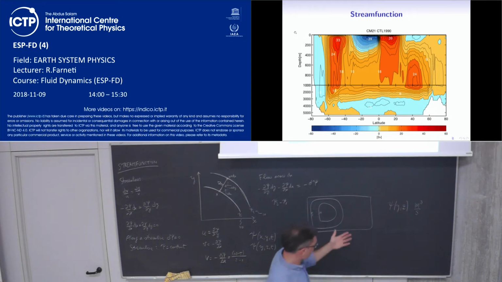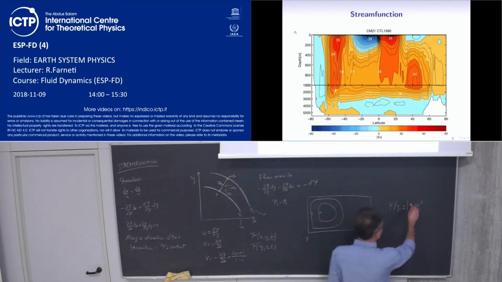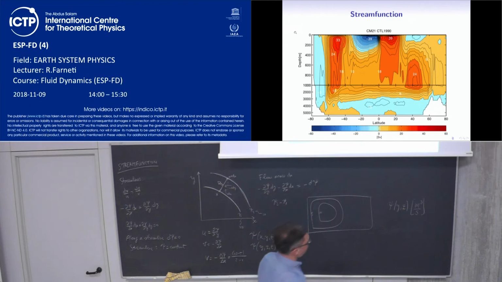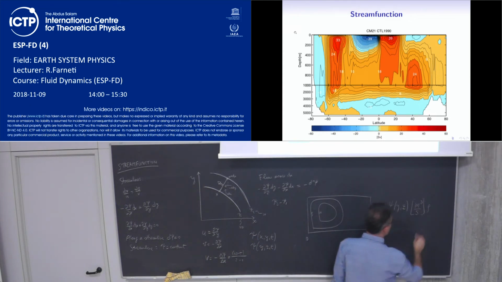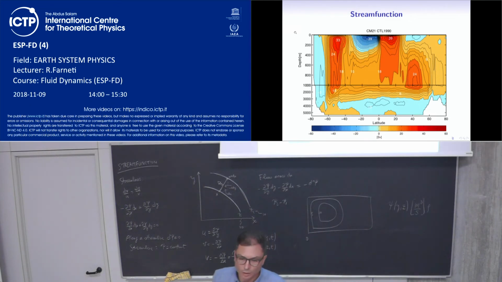This is the velocity field in meters per second, integrated zonally and vertically, so you get meters cubed per second. You can multiply this by density for mass, and this is how much you are transporting between the two streamlines. Each streamline has a value.